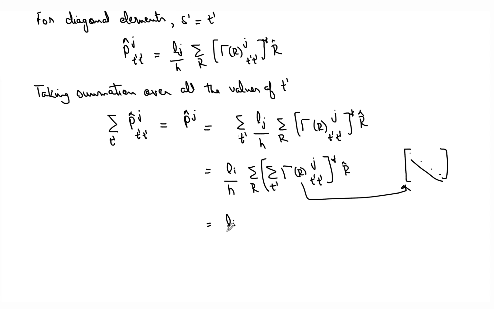All I have now is l_j over h, summation over all R. Instead of tau R, now we have chi R, which is the trace under this symmetry operation for the jth representation, and then you have the R operator. And this is my expression for the incomplete projection operator.